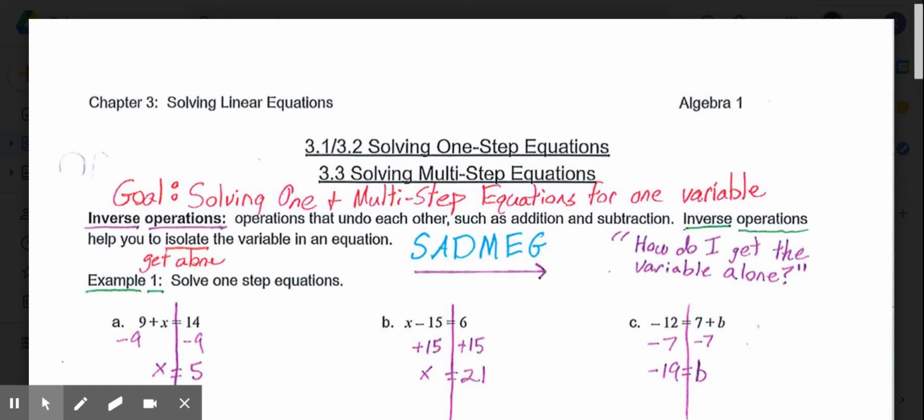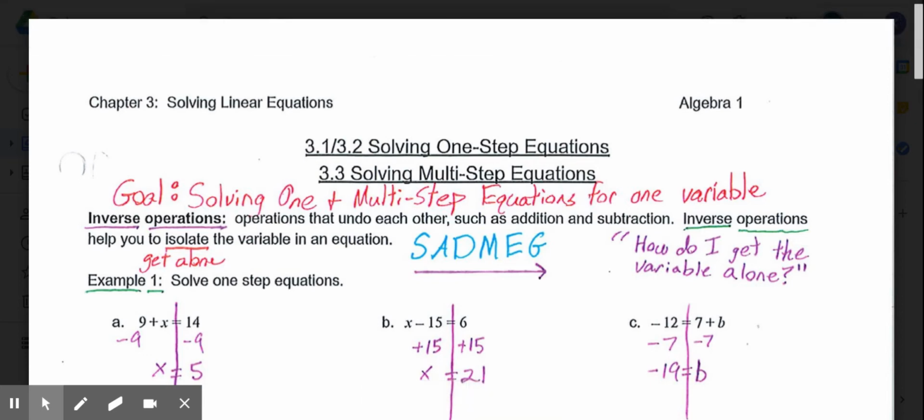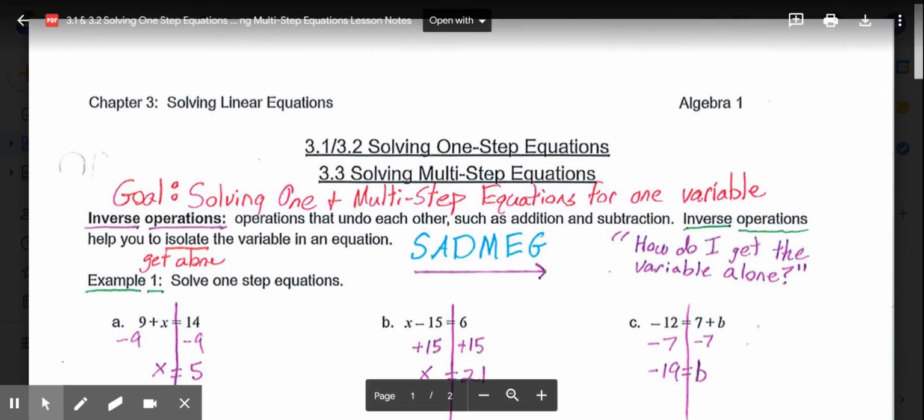But today we're just looking at your two main inverse operations, which are addition and subtraction, and then multiplication and division. Inverse operations help us in the process of isolating the variable in an equation. To isolate a variable simply means to get it alone or solve for its value.